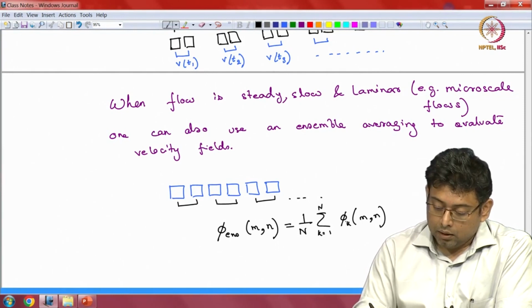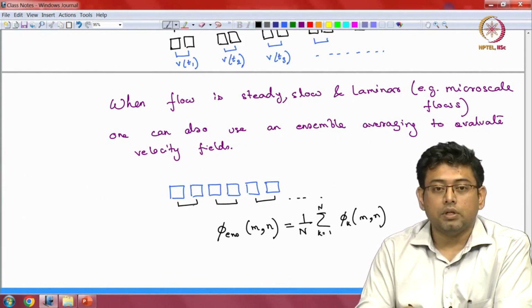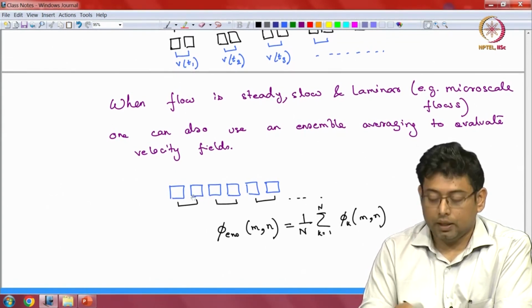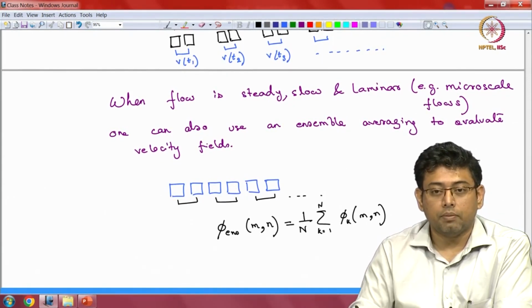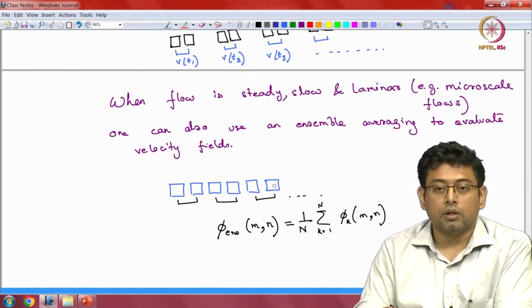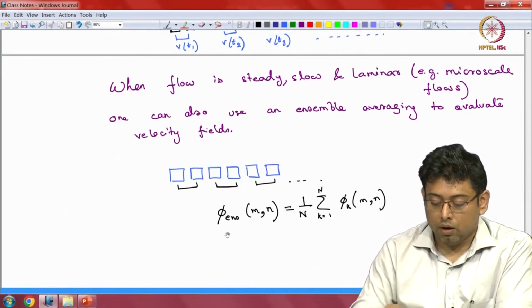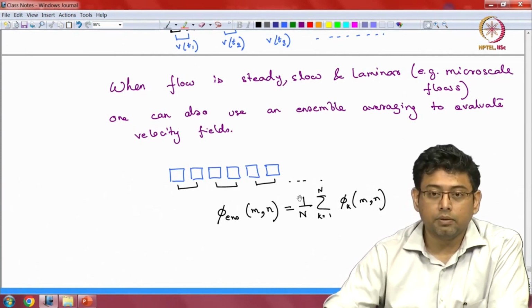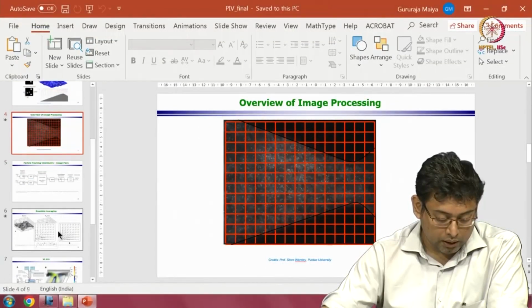On the left hand side you have the averaged phi, on the right hand side you have phi's calculated for each of these image pairs. So you have these image pairs, you calculate a correlation, and that becomes phi 1. Similarly, you calculate a correlation between these two images, that becomes phi 2, and you do this over the second pair and it becomes phi 3, and so on, and you end up with this kind of an expression. Now this actually leads to significant signal enhancement in correlation calculations and can give very good results.